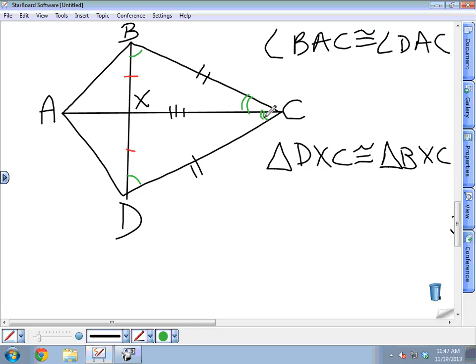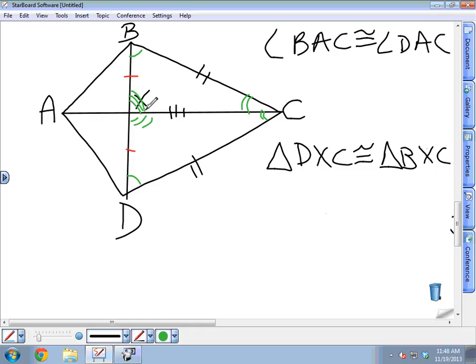And what else? You could also name DXC. That angle is congruent to BXC, because of vertical angles. Slow down.